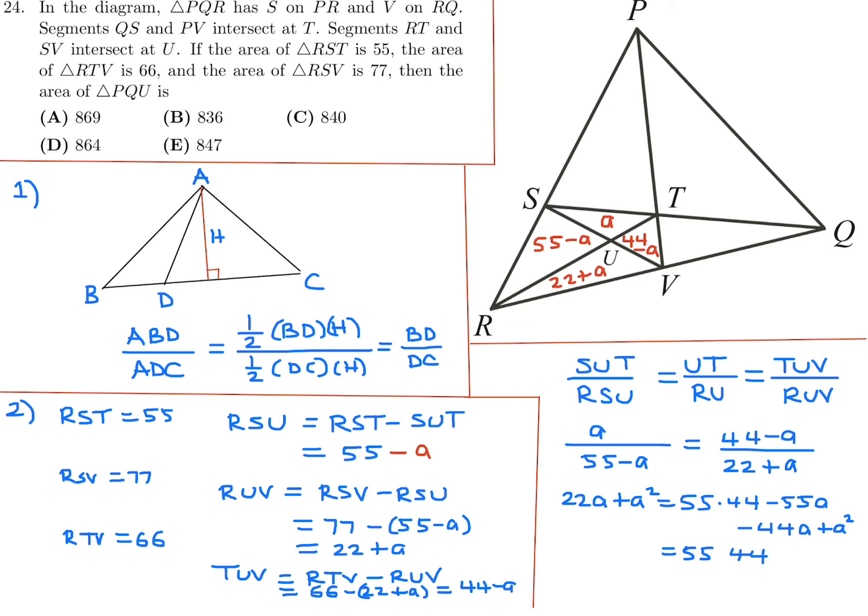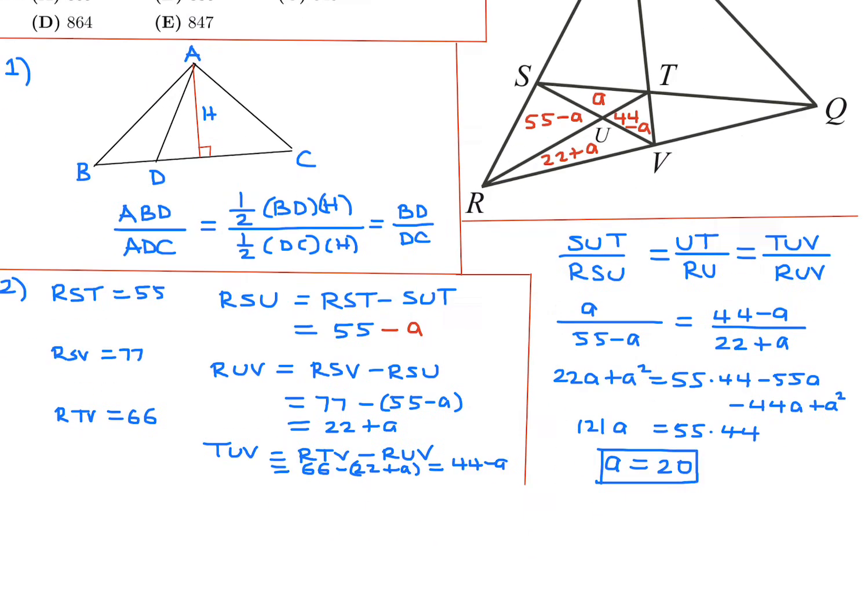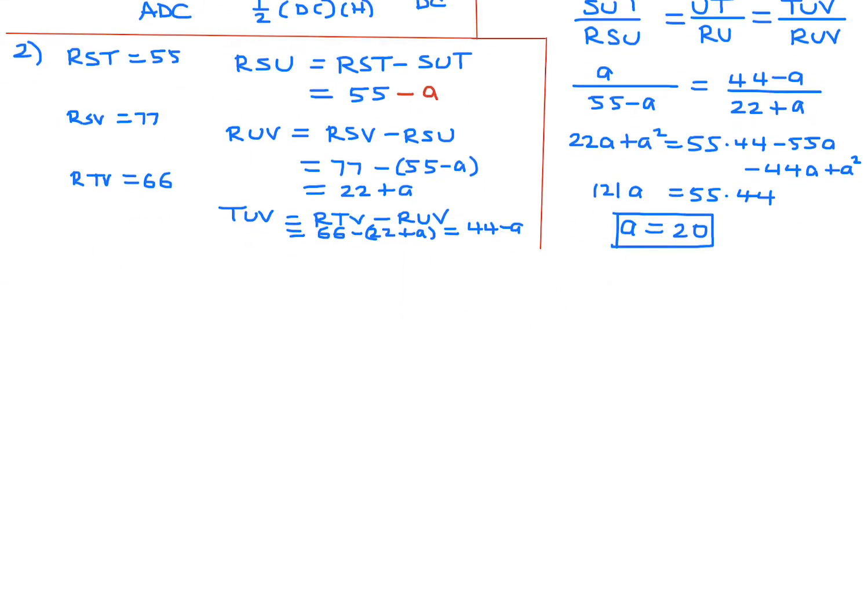And then if you bring all the like terms over it will be 99 plus 22, so that's 121A. And then when you divide through by 121, you will get A is equal to 20. So that is very helpful, and that will allow us now to fill in these values. So let's do that. Let's proceed.